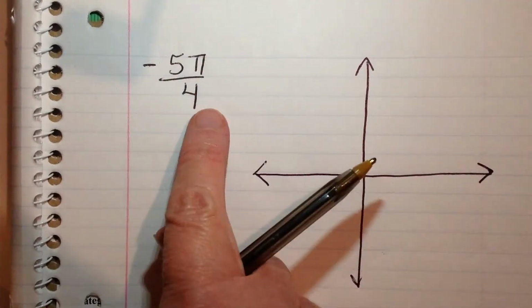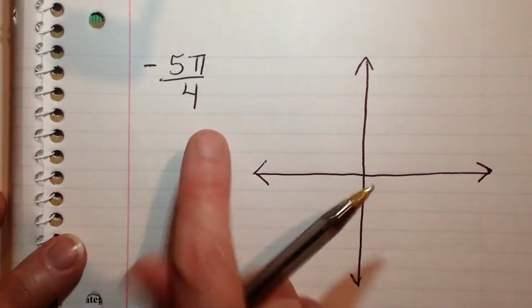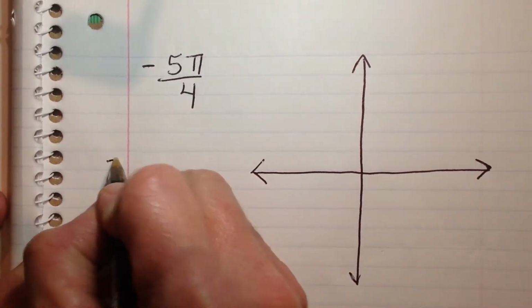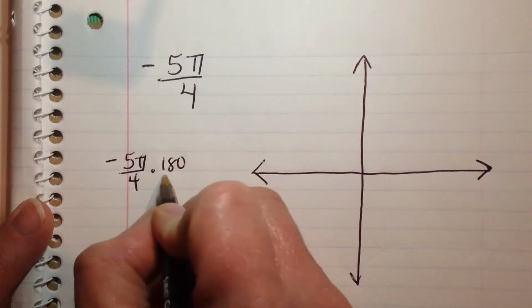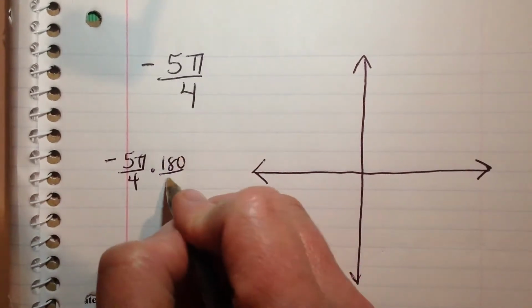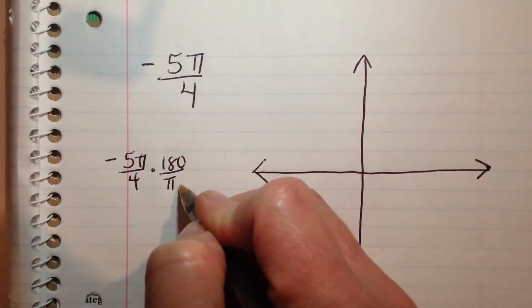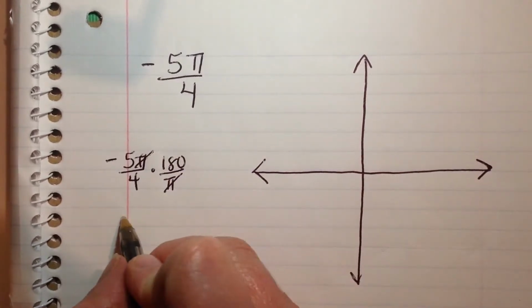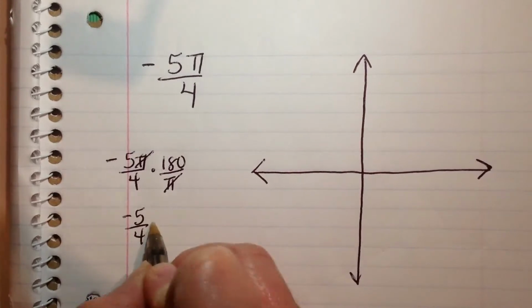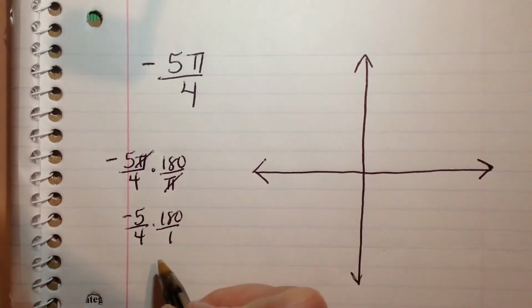Negative 5 pi divided by 4. I'm going to change that to degrees. So I have negative 5 pi over 4 times 180 divided by pi. So then the pi's would cancel. So I have negative 5 over 4 times 180 over 1.